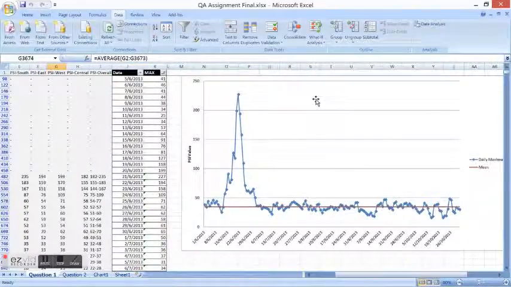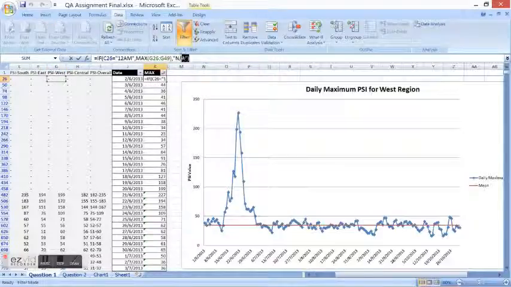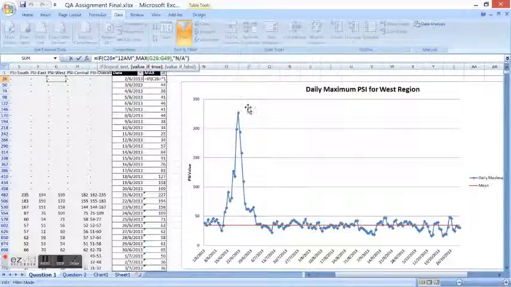So this is what I've done. First, I created two more columns, which are the date and the maximum PSI value. For the maximum PSI value, I actually use a formula, which is this formula.